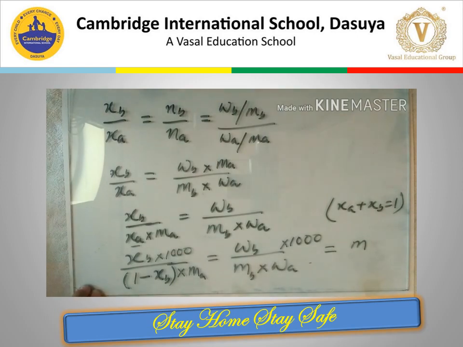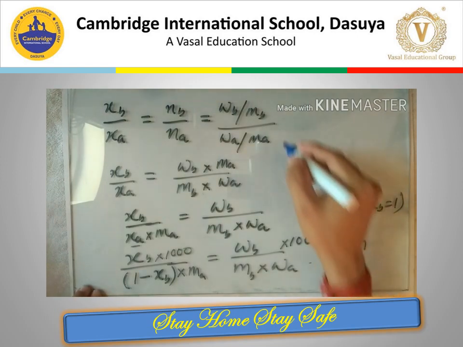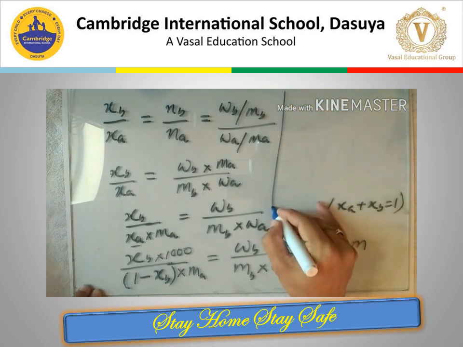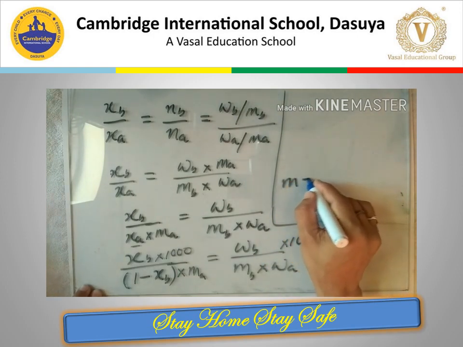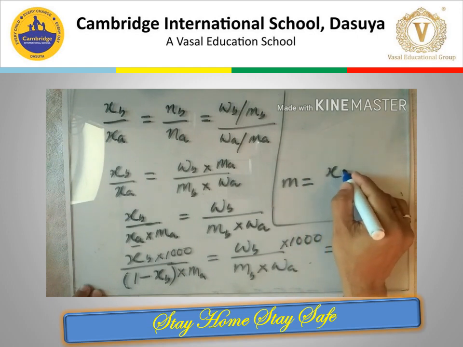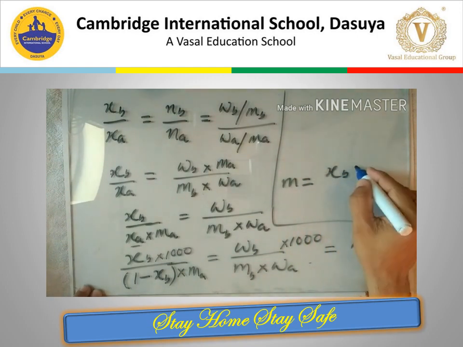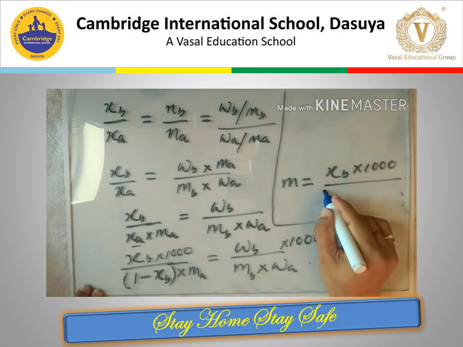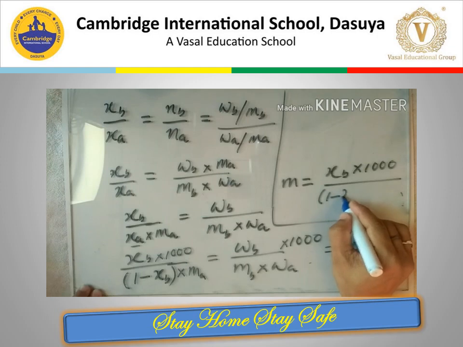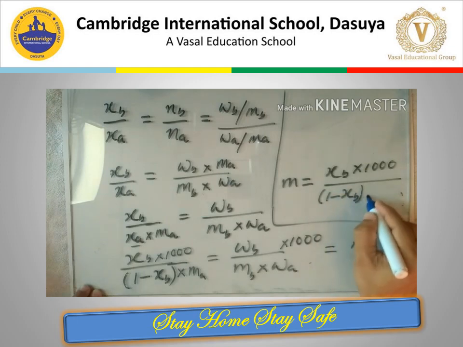Hence, we can write molality equals mole fraction of the solute into 1000 upon 1 minus chi B into molar mass of the solvent.